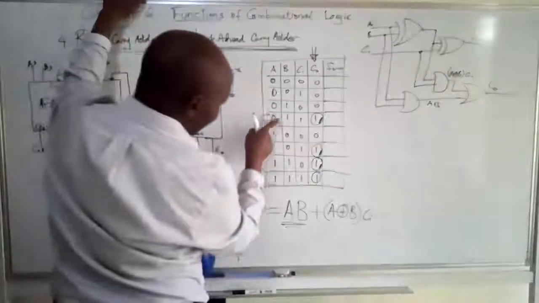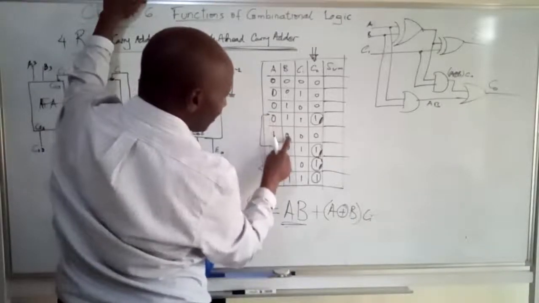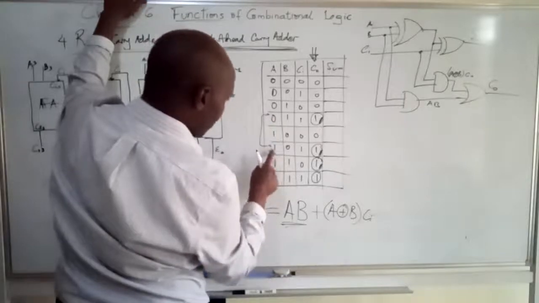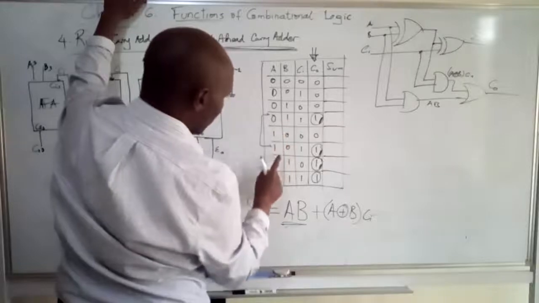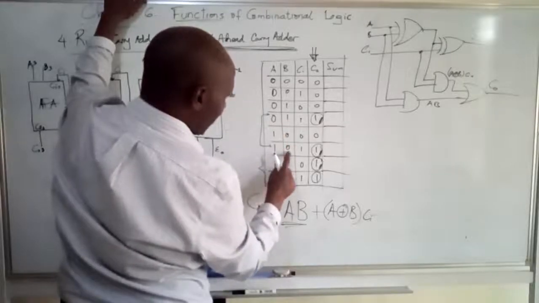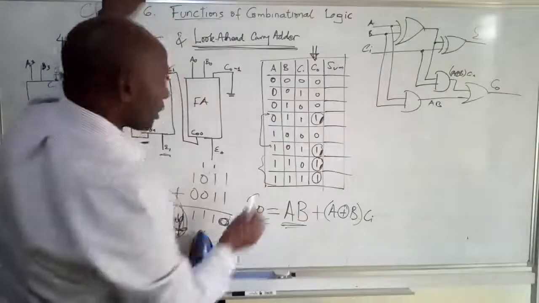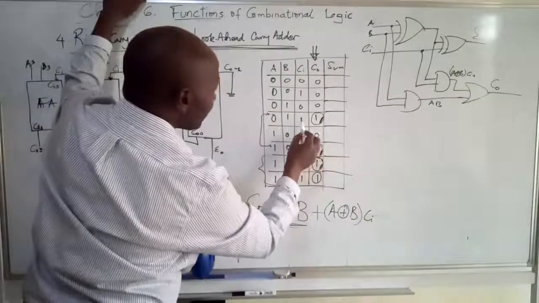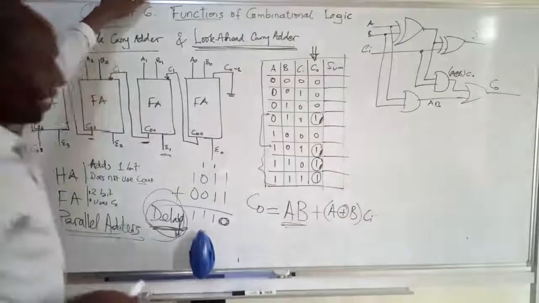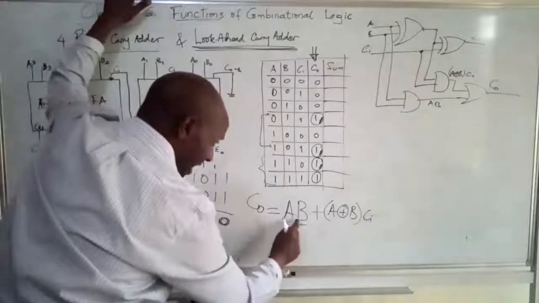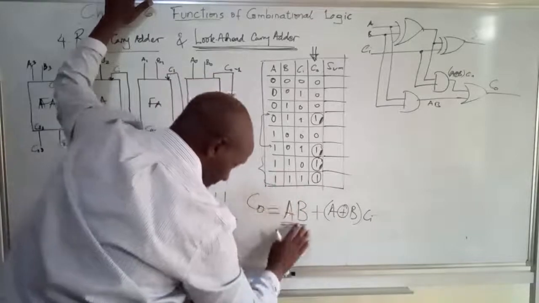And on this case, you see A is 0, B is 1, or A is 1, B is 0, but C in is also 1. So you see that to get 1 there, C in is involved. Okay? Now, for this case, A and B, we have 1 when A and B are 1.